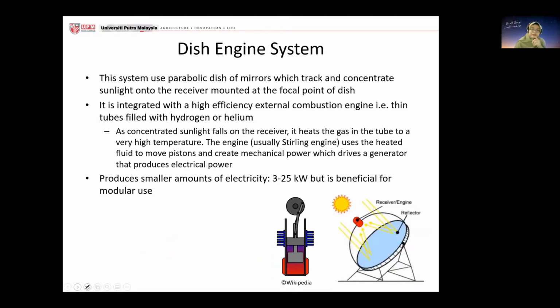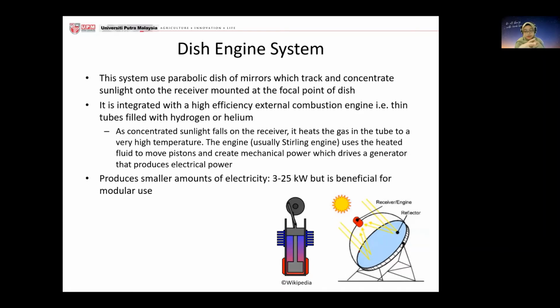The third one is the dish engine system. In the dish engine system, it uses a parabolic dish of mirrors. It's a little bit different from the trough system because of 2 things. First, it's usually quite modular.